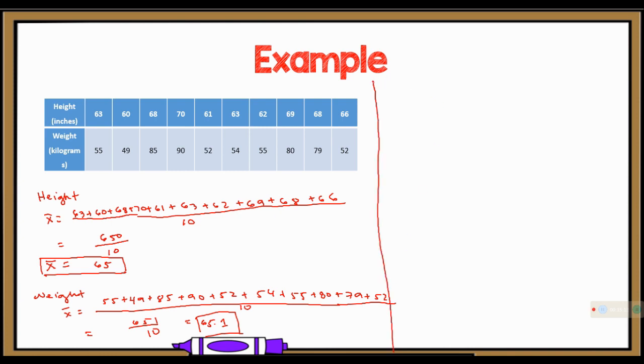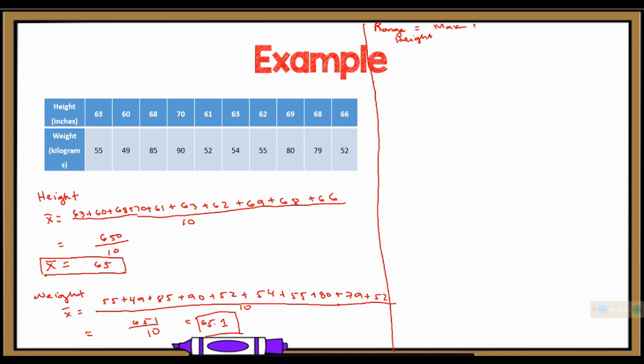Kasi this time, we're going to compute for the range. So, kunin natin yung mga range nila. Range tayo ng height muna. So, di ba sa range naman, ano lang siya?